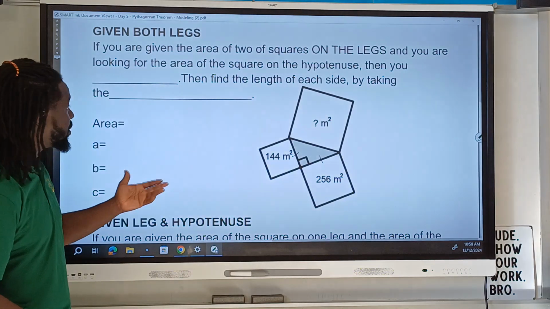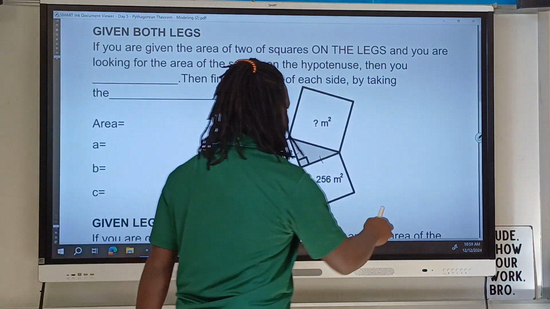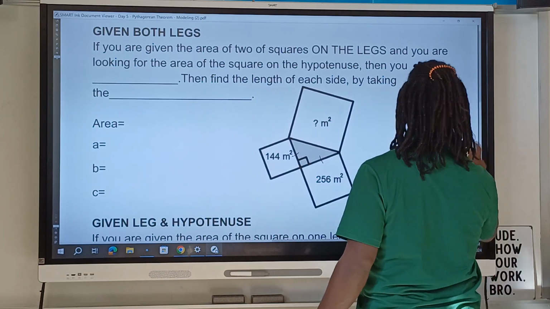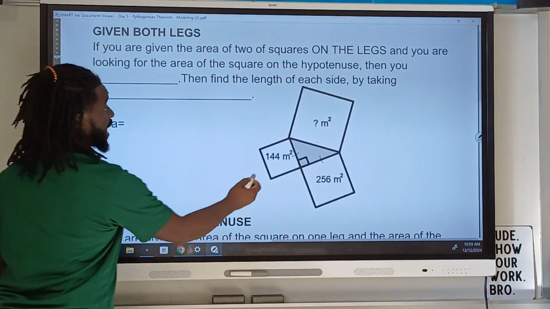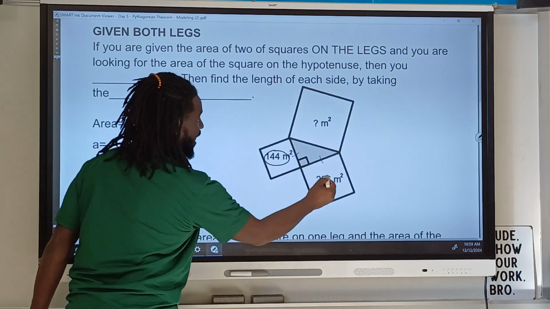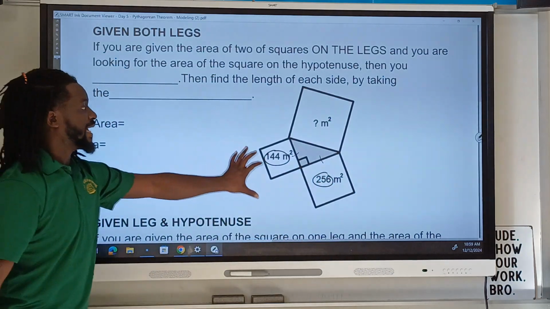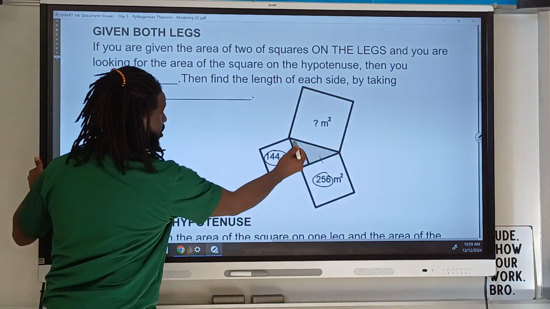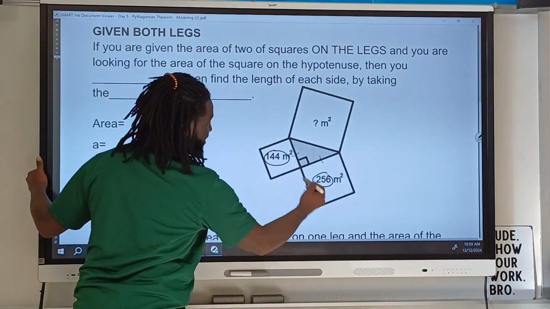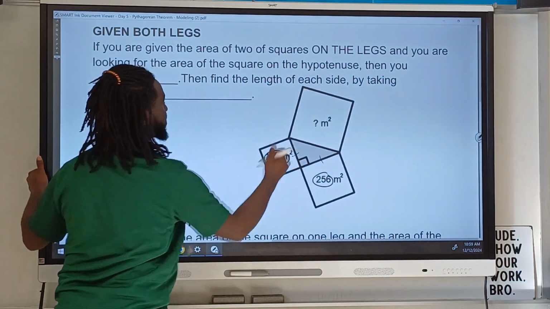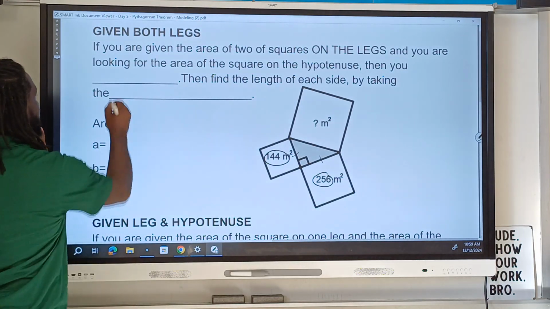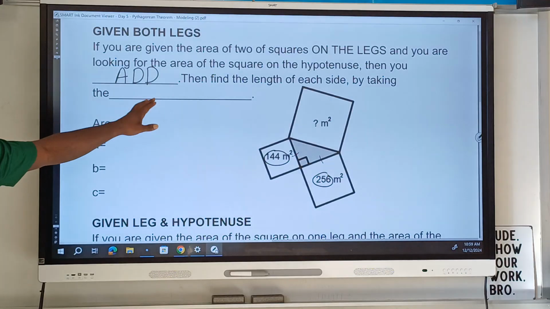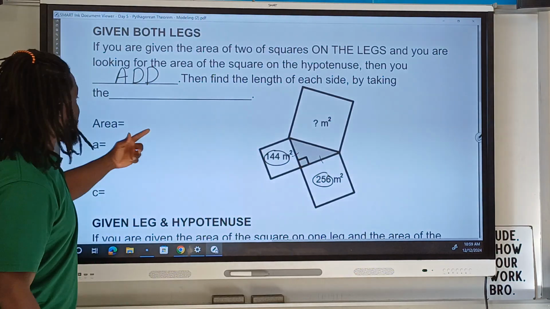Okay, so if I have both that are along the legs, I'm going to take this one and I'm going to add it to this one in order to get C, right? So the area along A plus the area along B is going to give me the area along C. So we have to add here, right? Now, once I add, that's going to give me the area.